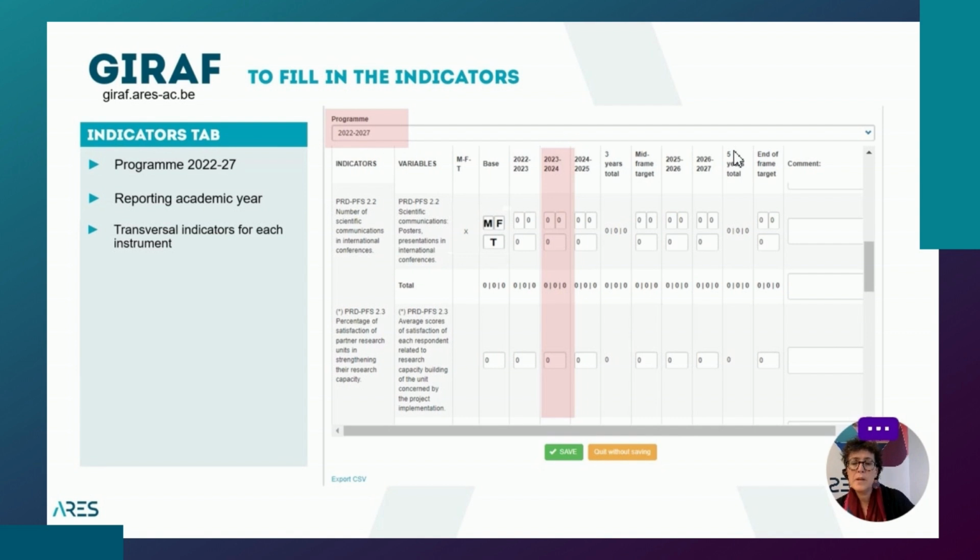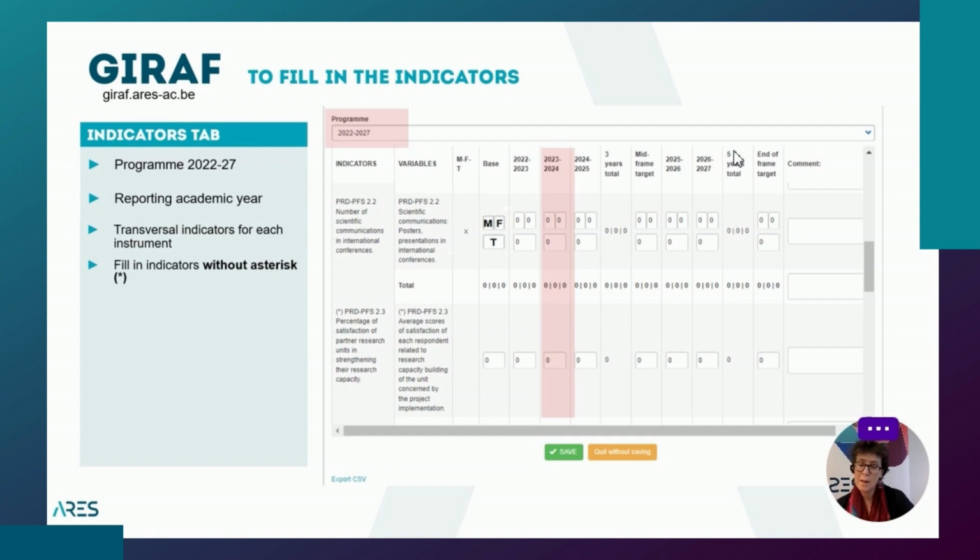You will see that you have transversal indicators for each instrument, and they are very meta. They are very general because they have to represent all the diversity and complexity of the projects in the same instrument. You have to fill in the indicators without asterisk.